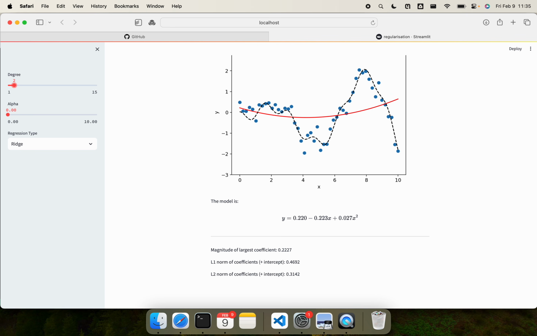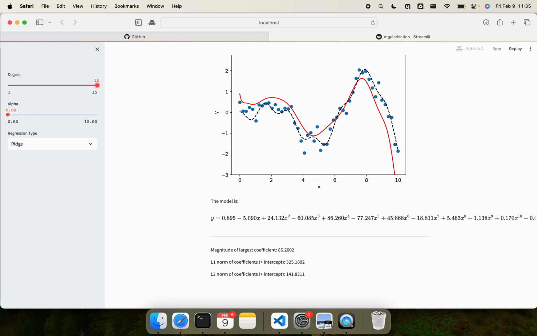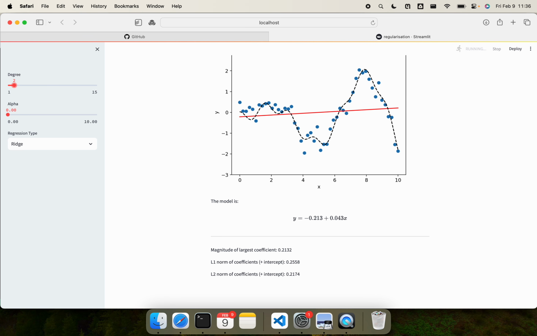So what do you notice as I increase the degree? Right, let me go back. What do you notice as I was increasing the degree of the polynomial which I am fitting to the data?